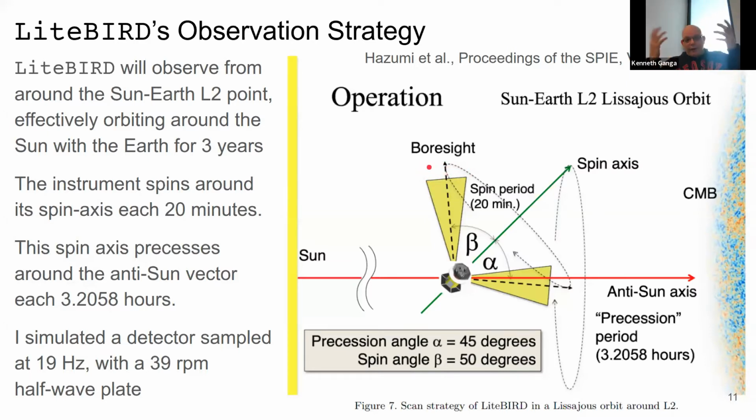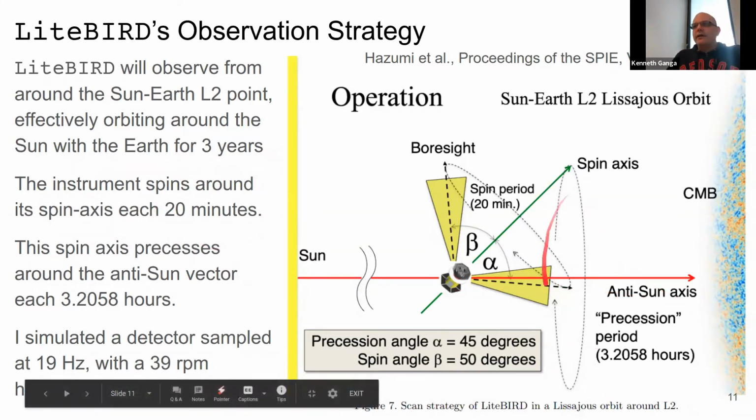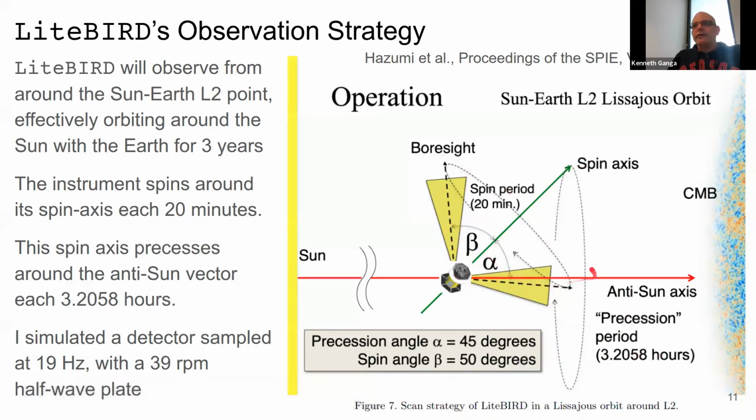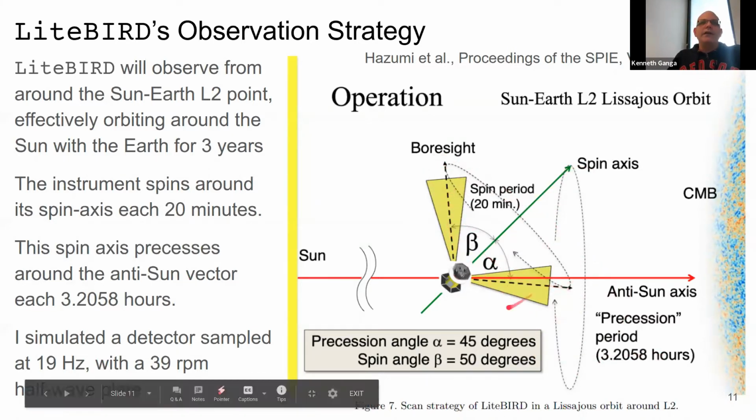What this ultimately means is that we're looking at each point of the sky from a lot of different angles, which is what you need for polarization. As I said before, it's going to be a 3-year mission. This spin is every 3.2 hours. This spin is every 20 minutes.